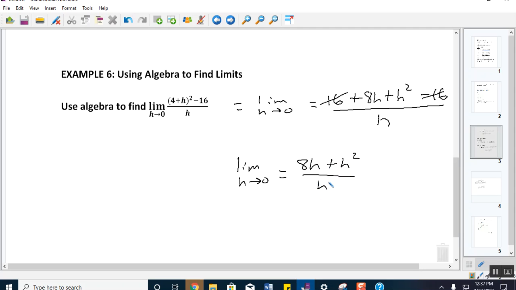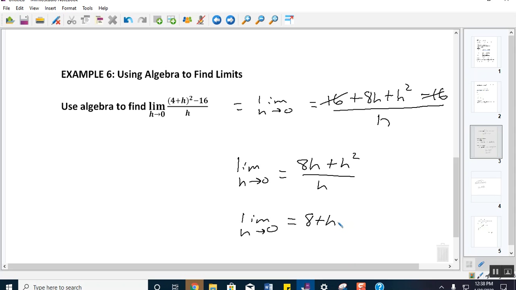So I can take an h out here, and it goes away in the bottom, right? It's kind of like factoring an h out up top, and then they just go away, right? So what we're essentially left with, kids, is the limit as h approaches 0 of the following function. 8 plus what? H.